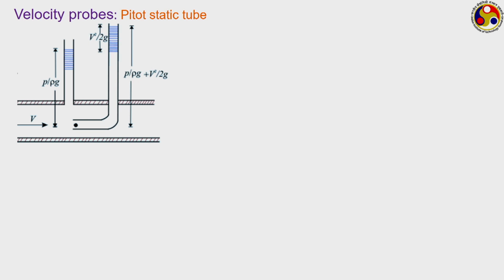And so, if you apply the Bernoulli's equation between the two, let us say this point is 1 and this point is 2, then you have P1 by rho plus V1 square by 2 plus g Z1 is equal to P2 by rho plus V2 square by 2 plus g Z2.